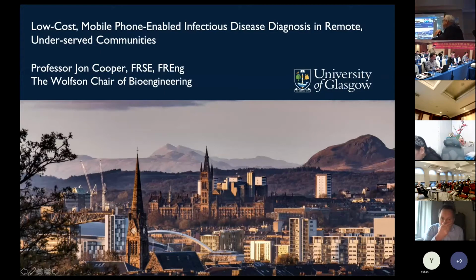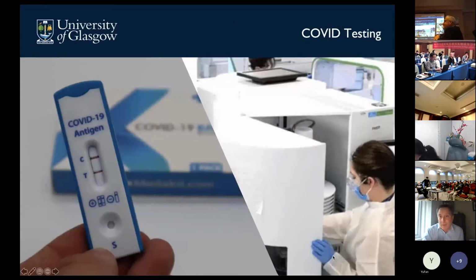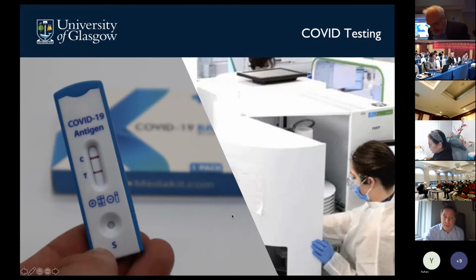So as I said, there are aspects of imaging in this, and there are aspects of using mobile phones, but actually the talk is underpinned by very low-cost paper technologies. These are technologies which over the last 18 months or so we have all become very familiar with. On the left-hand side here, we have what is known as a lateral flow test.